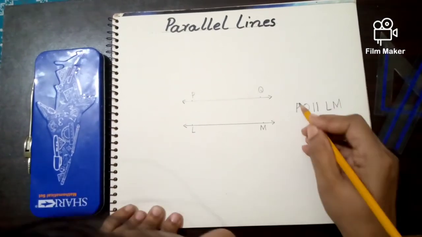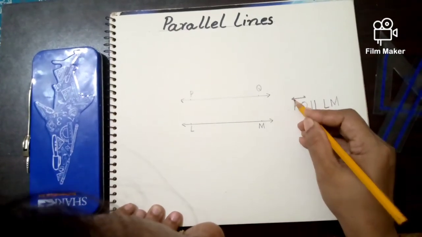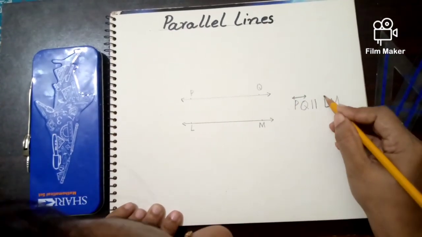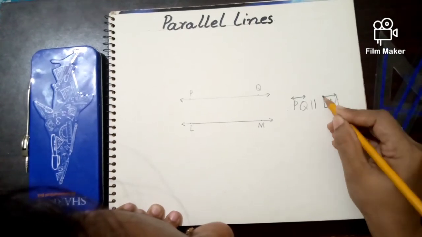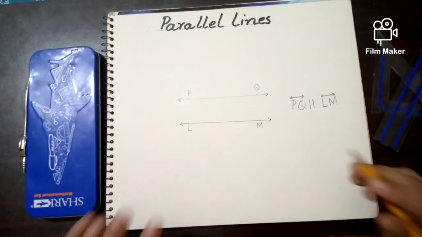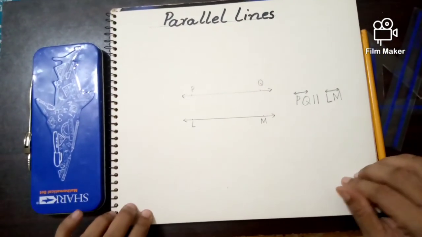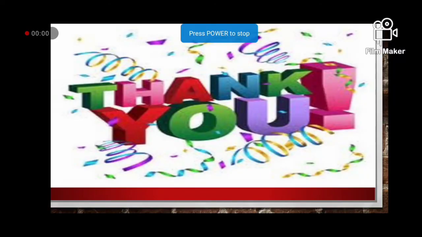PQ is parallel to LM. The line PQ is parallel to line LM. Now, these are the parallel lines.